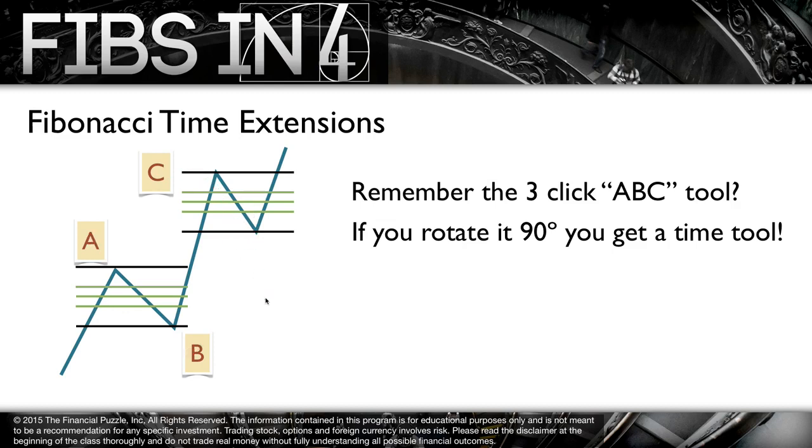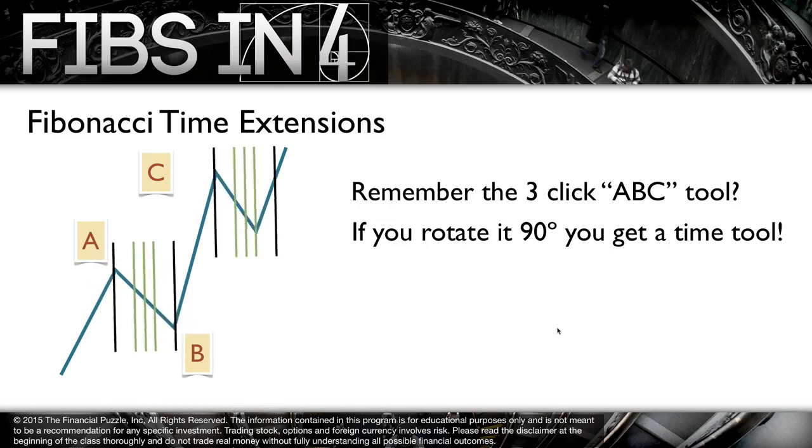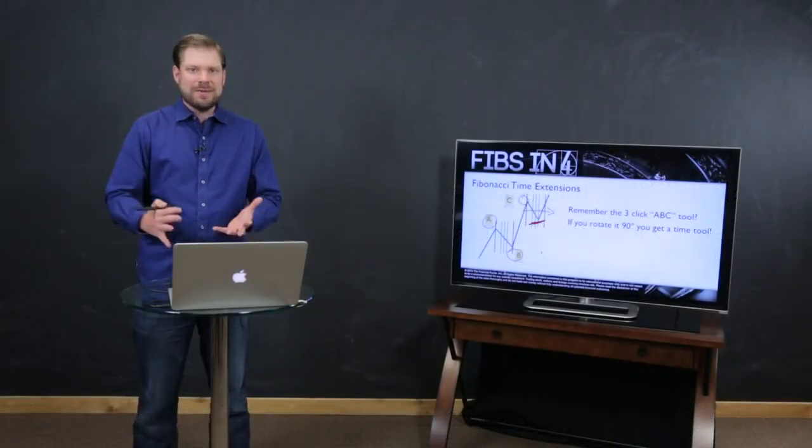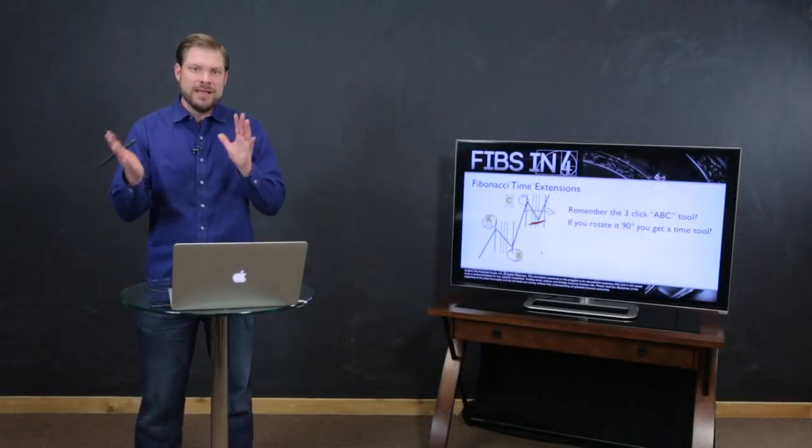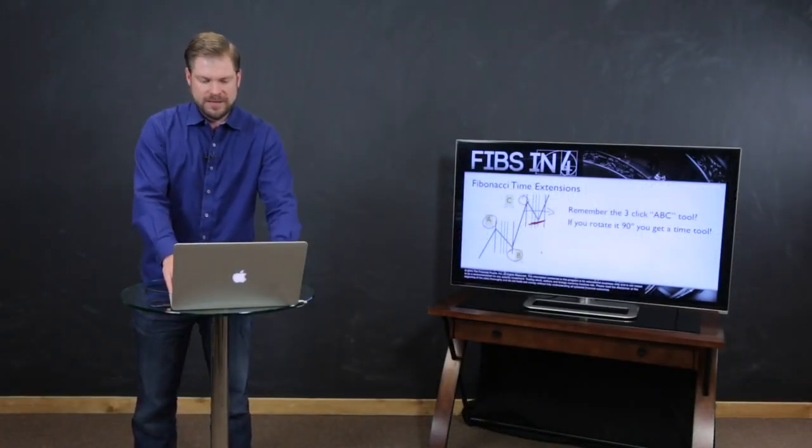If you could take that whole thing and just rotate it 90 degrees, you have the Fibonacci time extension tool, where you're going to click the same places, A and B, and click C. But instead of caring about where we retrace to in terms of a support, we're caring more about where we head to in terms of a time forecast. You see the difference? It's the same exact tool that you're used to working with. It's just rotated 90 degrees.